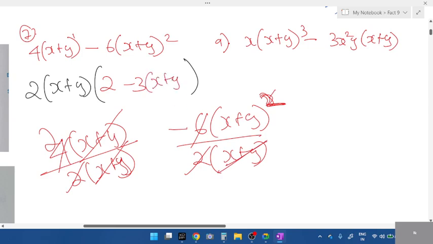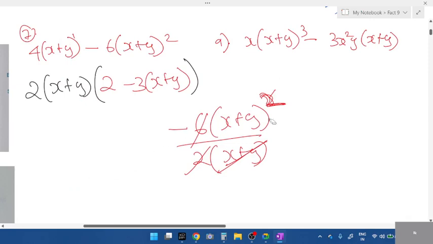Why didn't you all write this? Is it clear now? If 1 gets cancelled, 1 is still remaining, right? What if it was 3, students? If one gets cancelled, how much is left? 2 is left.